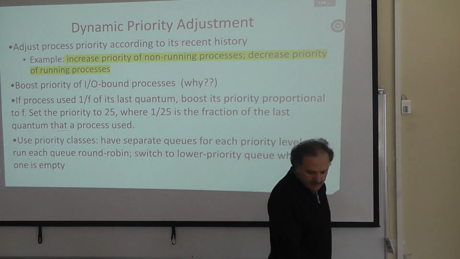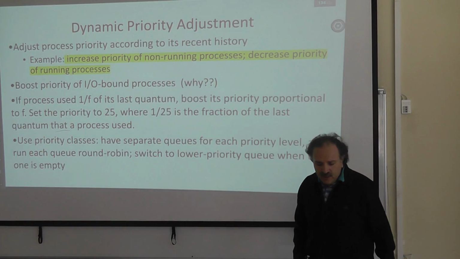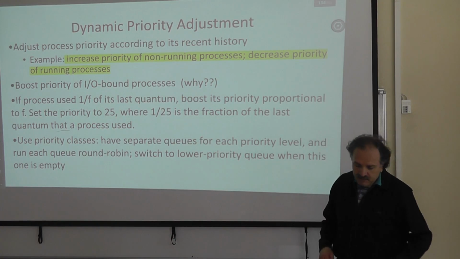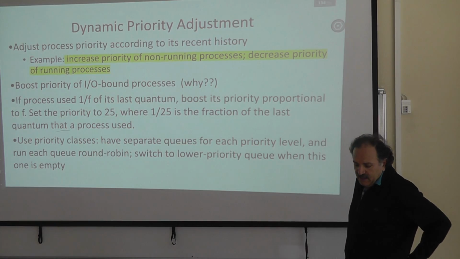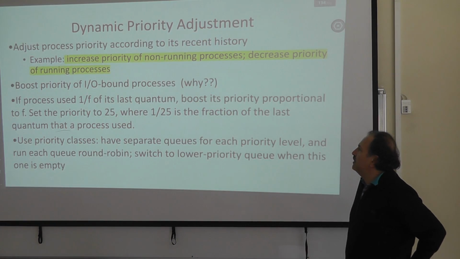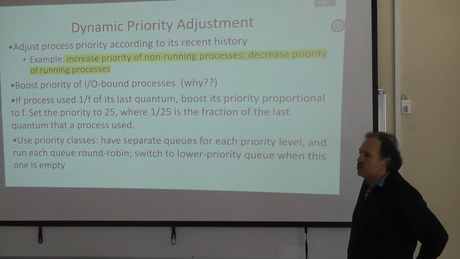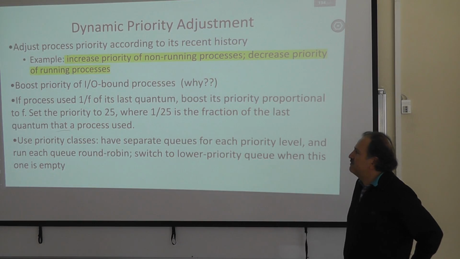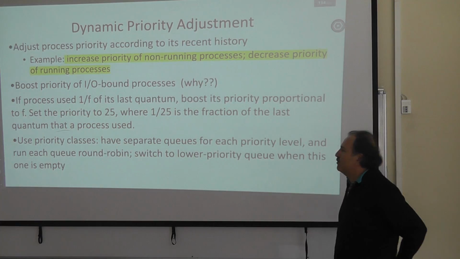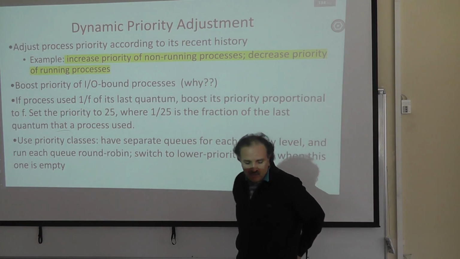So this technique is trying to let processes use a fair amount of CPU time. Because if I keep the same priority for those two processes, the CPU bound process and the I/O bound process, the CPU bound process will use the CPU most of the time, and the other one will have to wait for the I/O things to happen and also for the CPU bound process to finish its job.